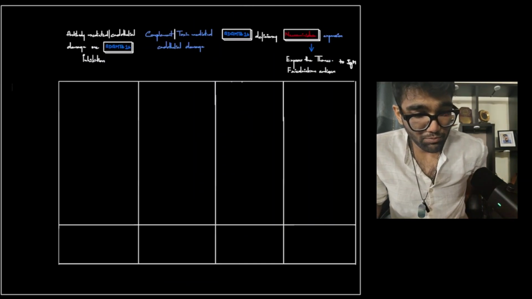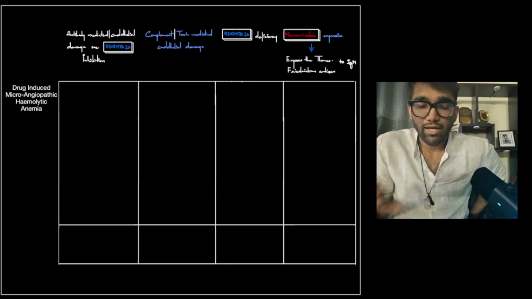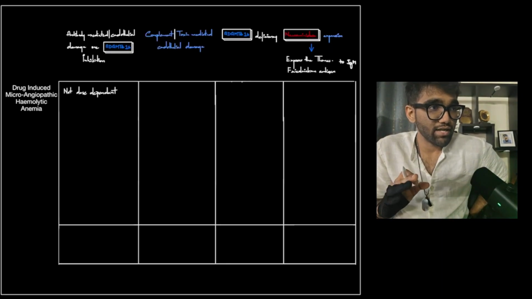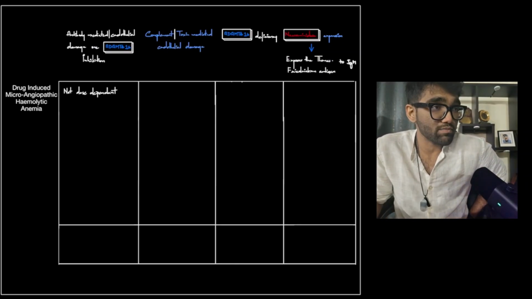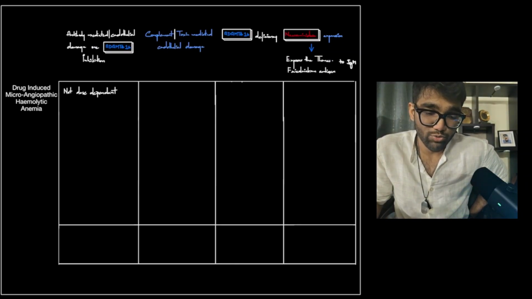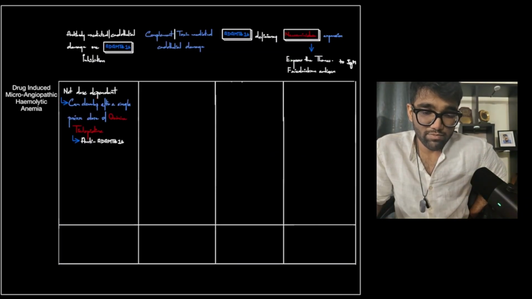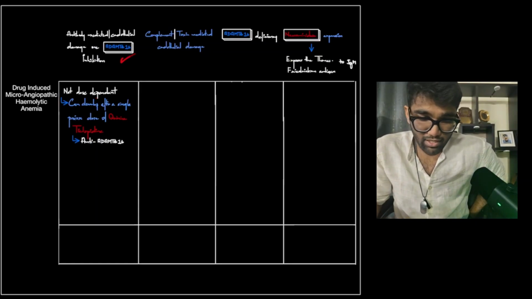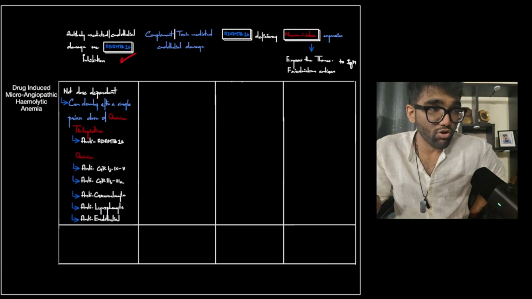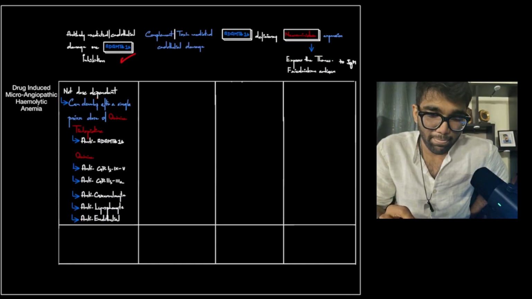Okay. Now, we also have something called drug-induced microangiopathic hemolytic anemia. Now, all three mechanisms, at least the first three mechanisms, can occur due to drugs. And in that situation, a drug that produces antibodies against ADAMTS13 would not be related to the dose of the drug. So this happens classically with quinine.